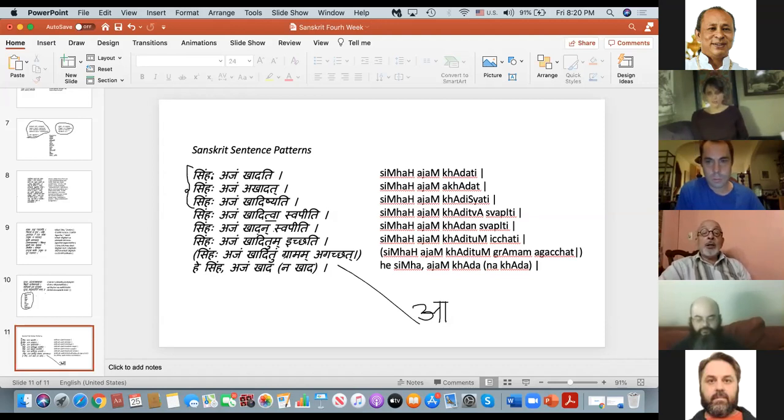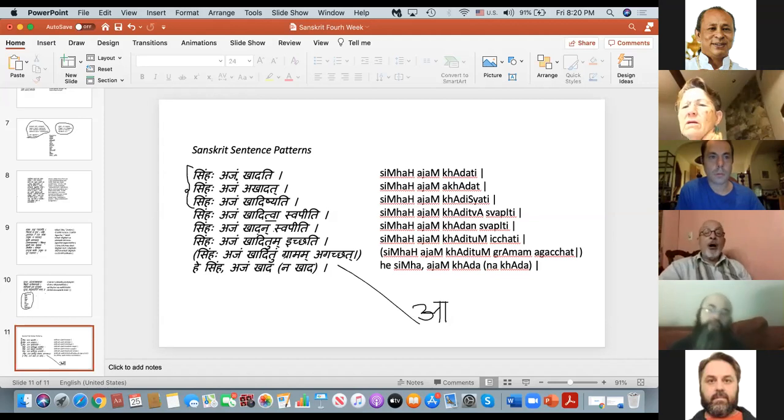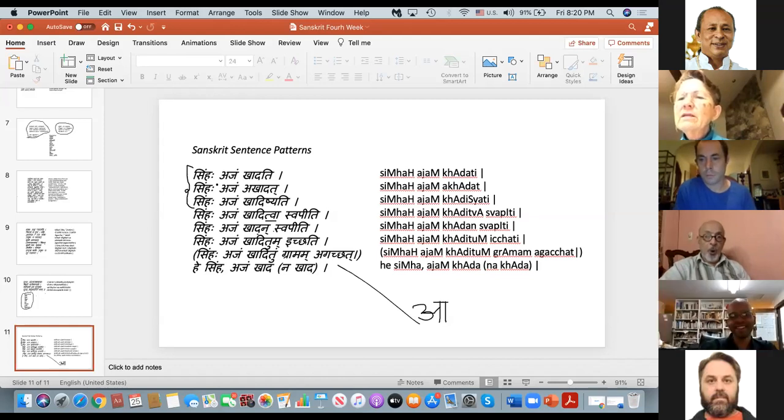Check your notes. Simha ajam. Visarga with A becomes O, right? So how do you combine it? Simho ajam. Visarga turns into O, Simho ajam.